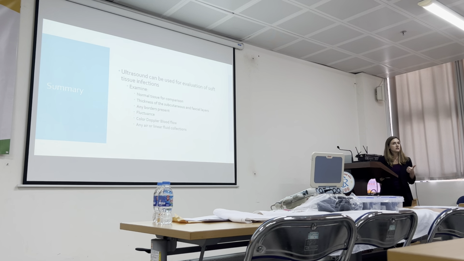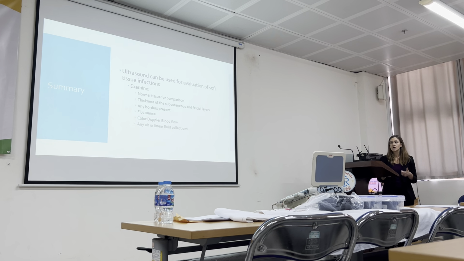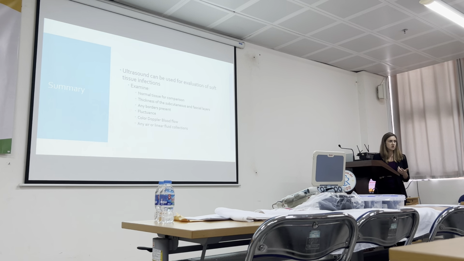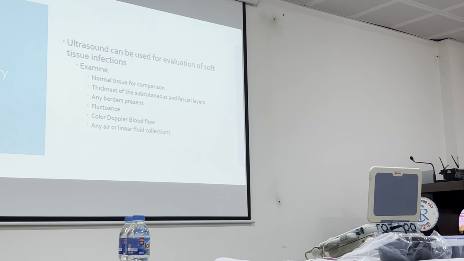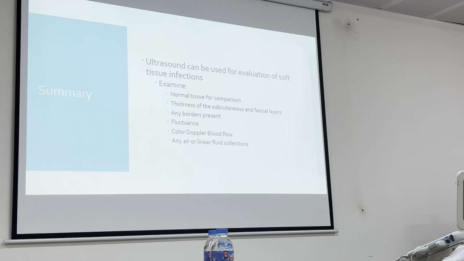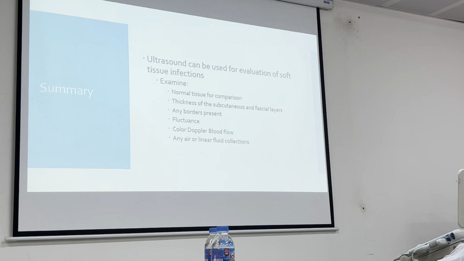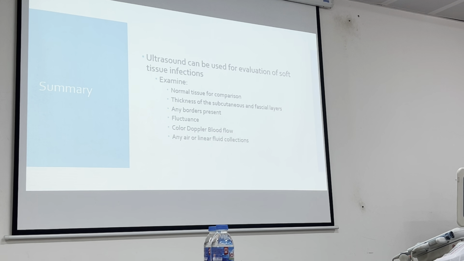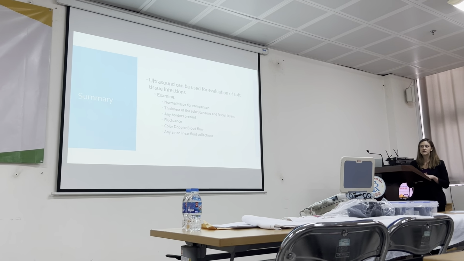If you press on it, is there a central fluctuance that makes you think that there is fluid inside? Put on your color Doppler flow and make sure that there isn't any blood flow within the area and that it's outside. And then finally, you can also see if there's any air or linear fluid collections around your abscess, concerning for development into a necrotizing soft tissue infection. Okay. I know that was a lot of pictures.